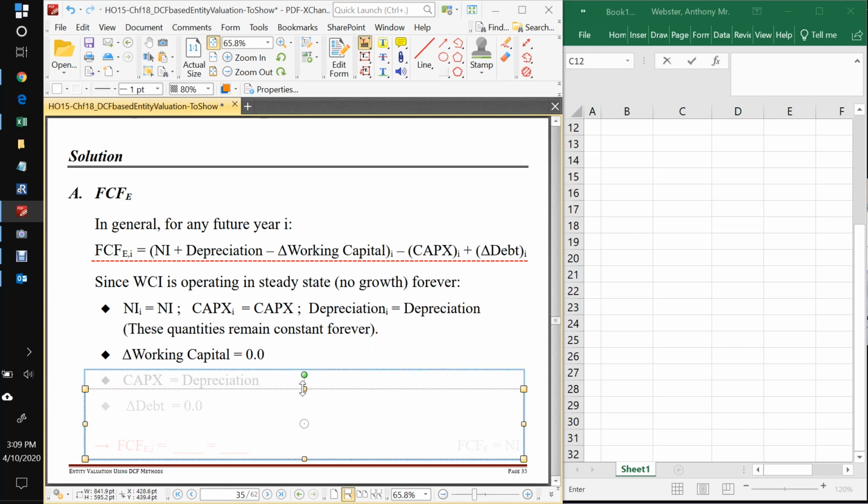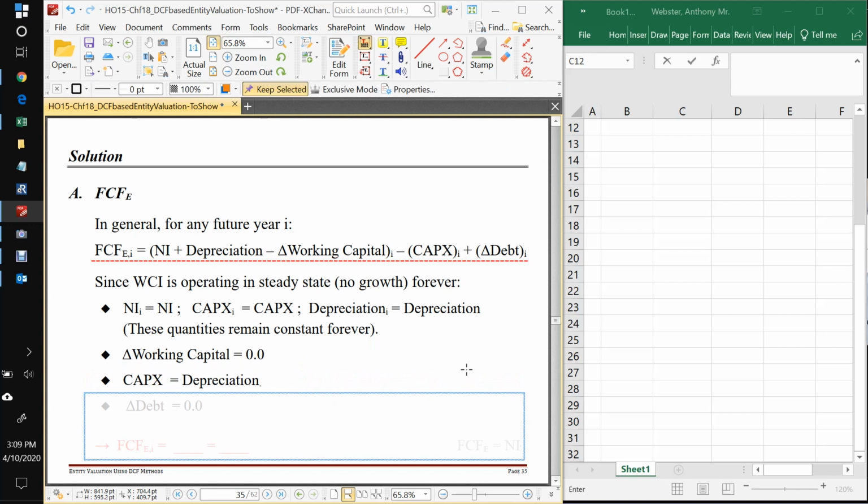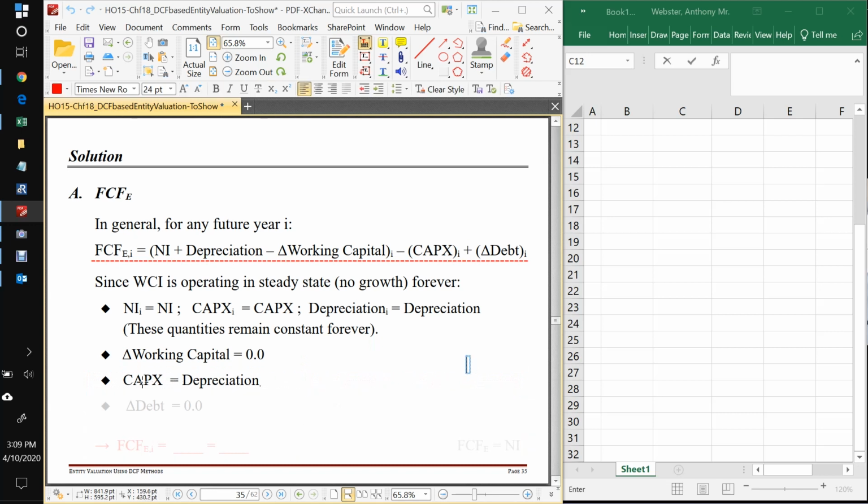And if the firm is in steady state, as we learned in our ratio analysis chapter, the capital expenditures they have to make every year are going to exactly match their depreciation. So in other words, as sewing machines wear out, they buy new sewing machines, et cetera. So these things are in tune and equal.